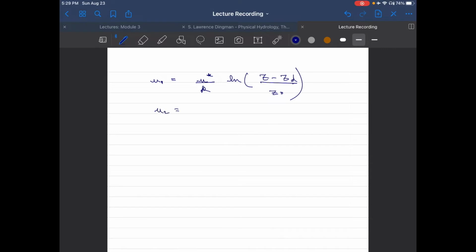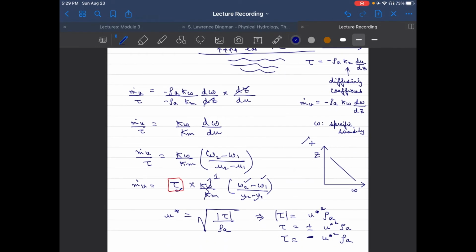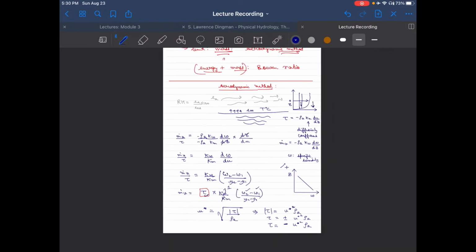At any other point, we can write u2 as u star upon k ln of z2 minus zd upon z naught. So if I have to take a difference of u2 minus u1, because if you go back to this expression, I am going behind this denominator also, u2 minus u1, I am also going behind this tau.